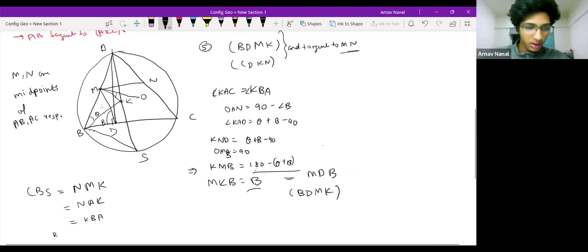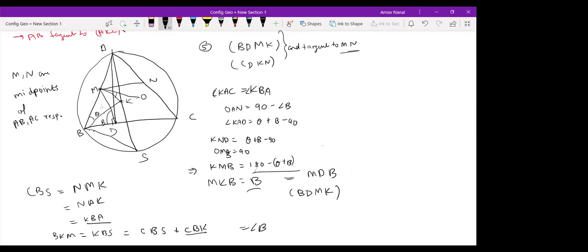Angle BKM is equal to angle KBS because of the midpoint homothety. So that is CBS plus CBK. CBS is KBA, so this plus this equals angle B. So that's it.